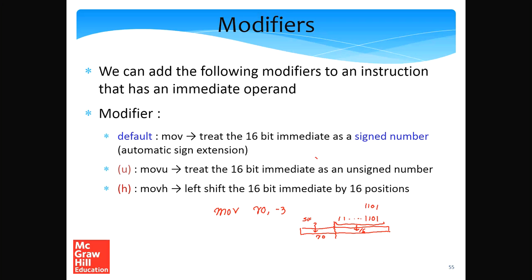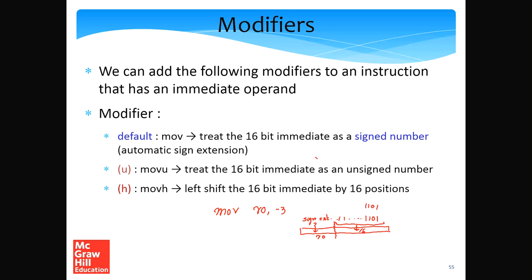This is the default behavior which all of us expect, that a sign extension will happen. Essentially we are treating the 16-bit immediate as a signed number, and there is automatic sign extension happening. So this ensures that if we have represented -3 in assembly, -3 is also what gets stored in the register R0. But of course, since R0 is 32 bits, relevant sign extension is being done.